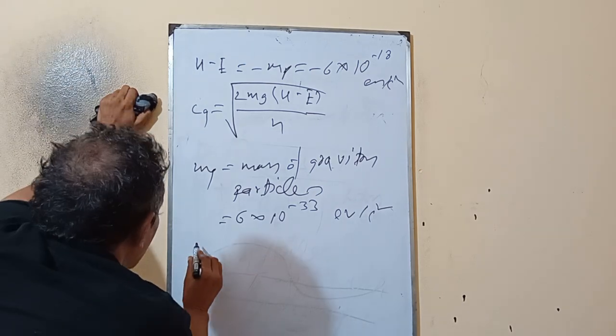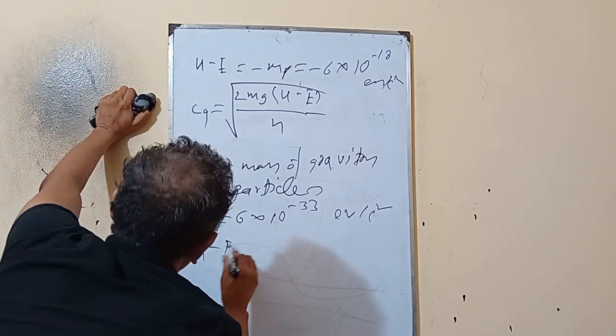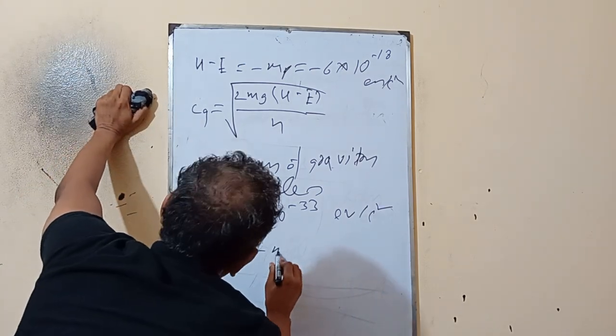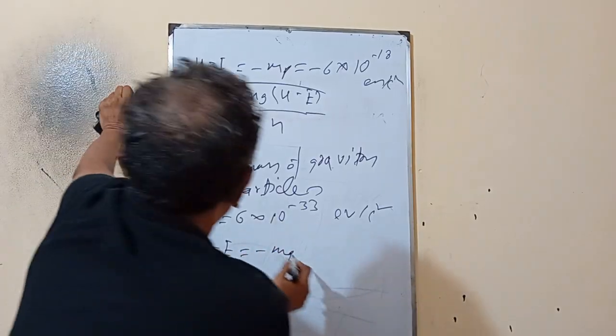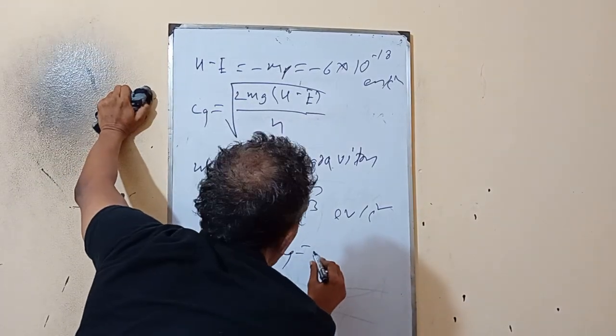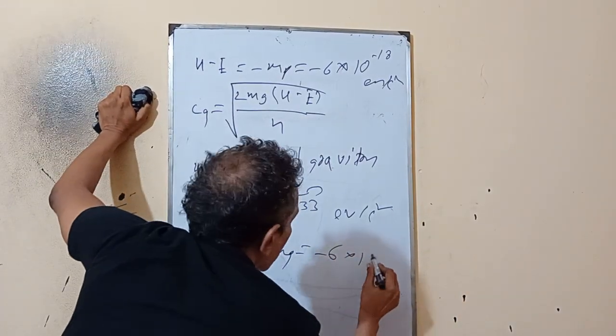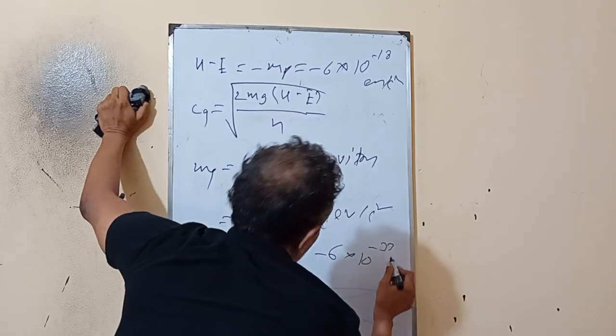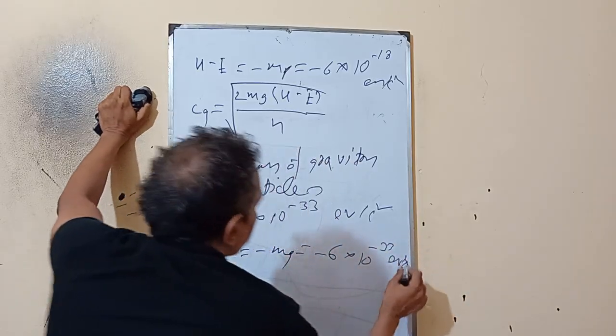Then U minus E is equal to minus MG, the mass of graviton particles, equal to minus 6 into 10 to the minus 33 eV c square.